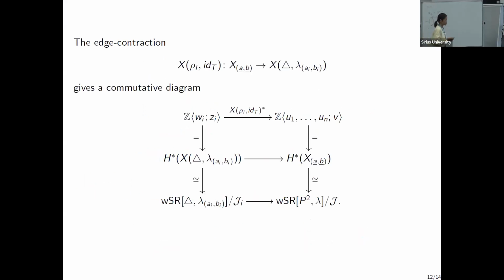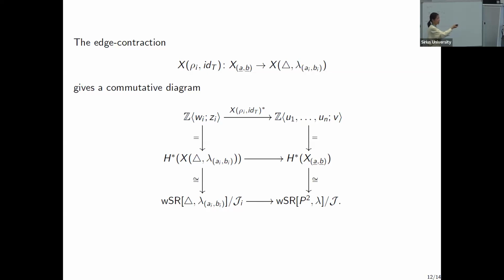The good thing is we can do computations using these two types of toric morphisms. For example, in the case of edge contraction, I get a continuous map from one 4-dimensional toric orbifold to another 4-dimensional toric orbifold associated with a triangle. I can use the naturality of this map to get the induced map on the cohomologies. So on one hand, I have a cellular basis.